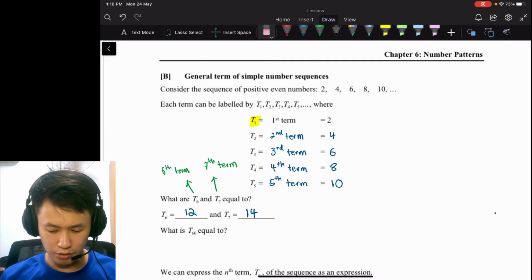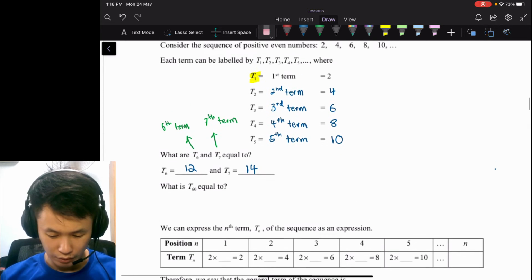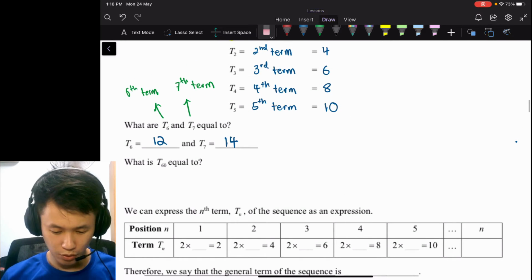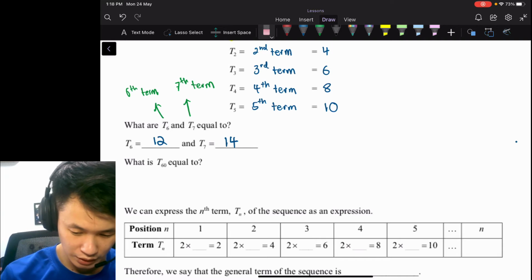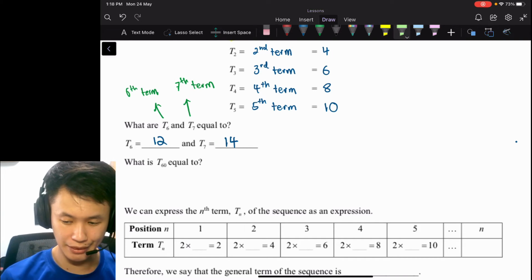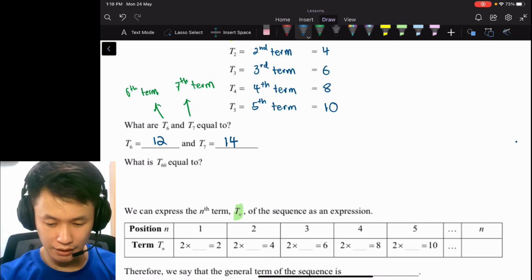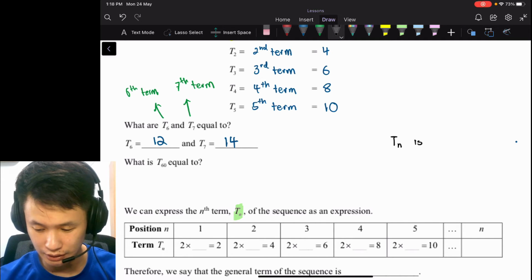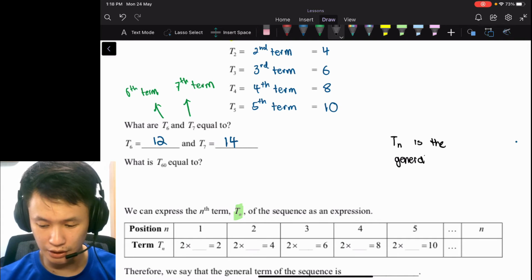So now let's look at a certain pattern to find the general term. We're going to talk about this unique thing called Tn. So what is Tn? Tn is the general term of a number sequence.